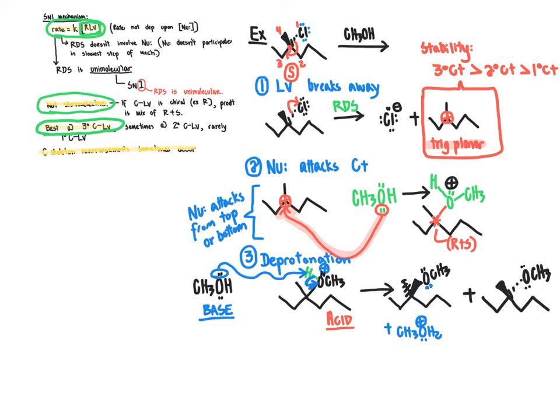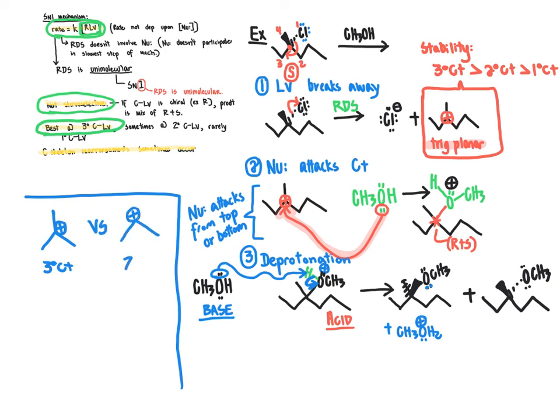So if we take a look here in the lower left corner at our carbocation. So if we have a tertiary carbocation like so, and we'll just compare it here to a secondary carbocation like this.